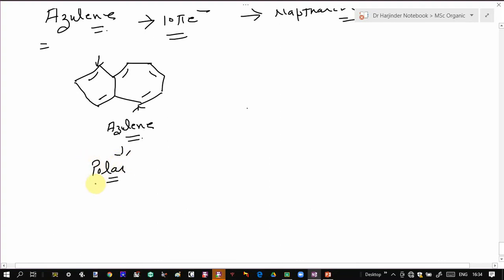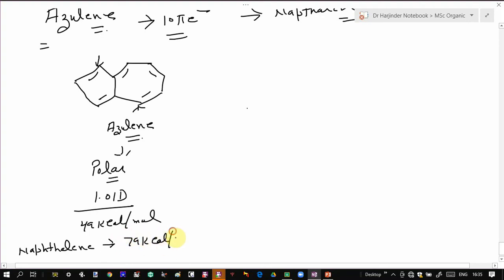However, azulene is a polar molecule with a dipole moment of around 1.01 D. At the same time, the resonance energy of azulene is 49 kilocalories per mole, whereas for naphthalene it is 79 kilocalories per mole. That means azulene is less stable as compared to naphthalene.